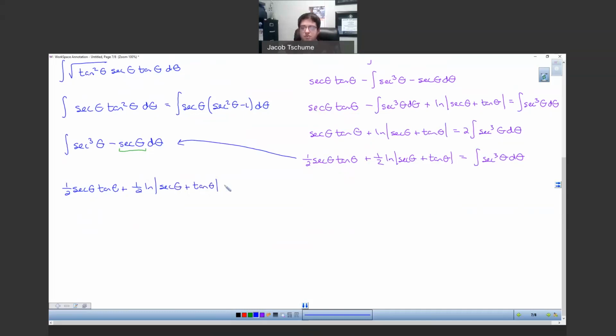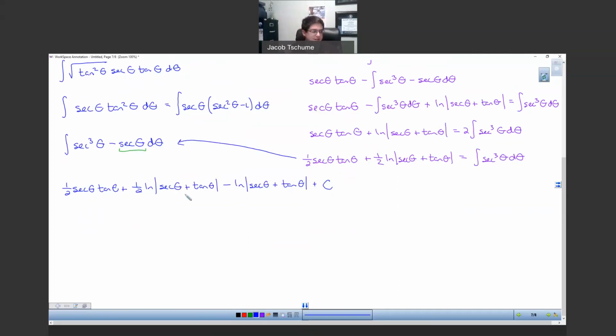Then you have to subtract from this the integral of the secant theta that we left to the side. So if you integrate secant theta, that would be the natural log of secant theta plus tangent theta. And then you pick up a plus c finally.